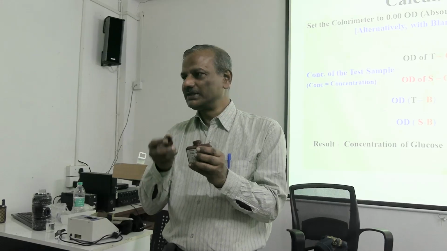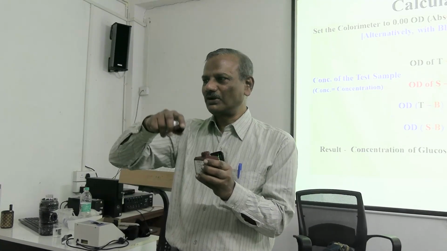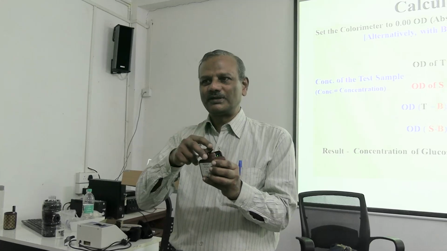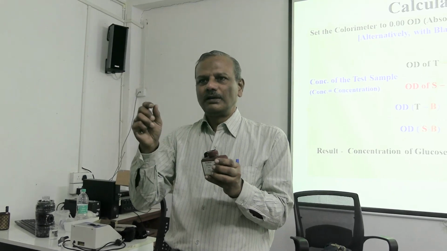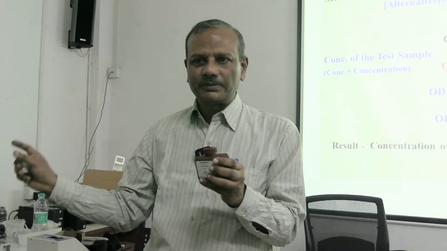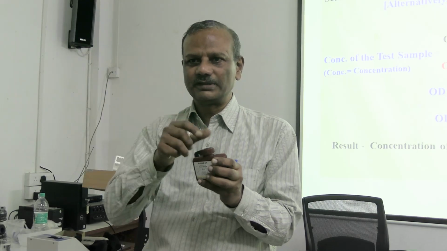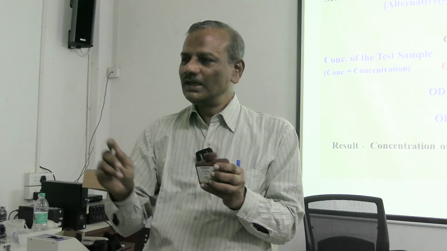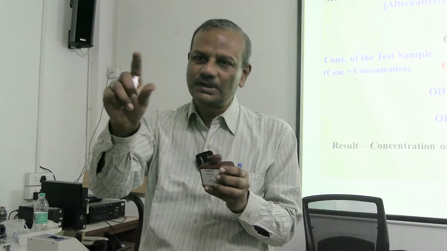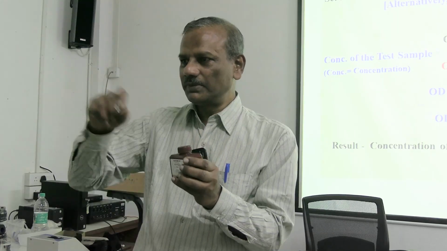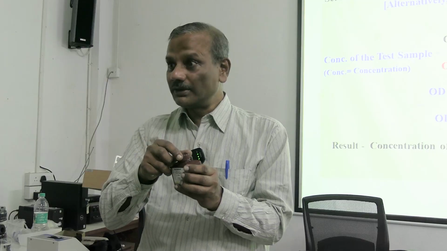Once you take it, you cannot put it back inside, because the entire reagent will be contaminated. Suppose there are 5 samples, and you have taken around 6 ml of reagent. So 1 ml extra is there. You keep it stored in the refrigerator in that test tube. Next day you use it for another sample, but don't put it back here. These are the minor things I am telling you.